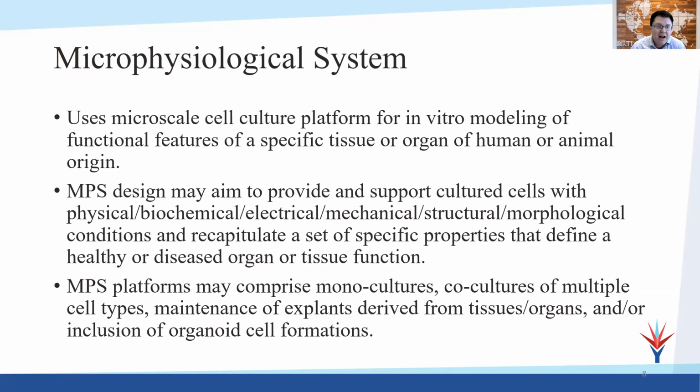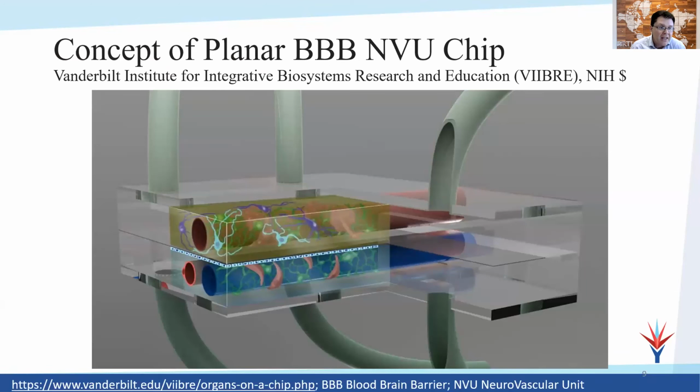So having said a lot of words and used a lot of words in the law, let's take a look at one that has been developed at Vanderbilt with NIH support. We all remember molecules that either would or would not cross the blood-brain barrier. If you wanted the molecule to cross the blood-brain barrier, invariably it wouldn't.